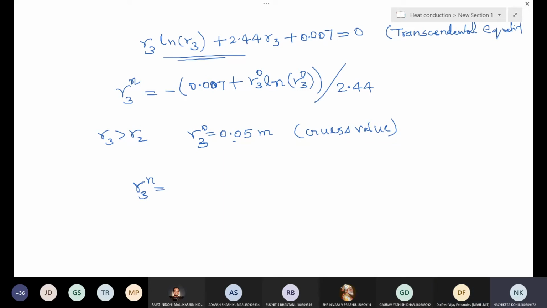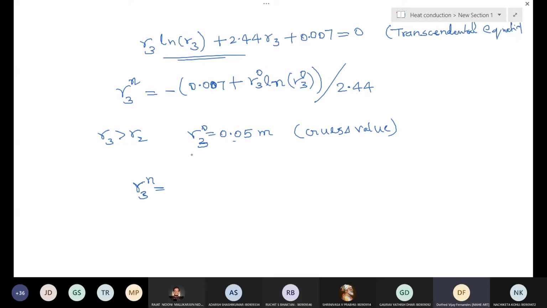Using the calculator, I got the value of R3 as 283. How much did you get? 283. No, sir, something is wrong with that. Okay. So something is wrong with your value.